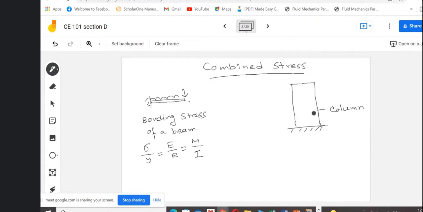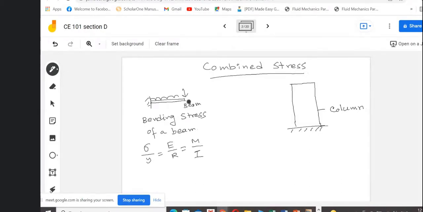We all have seen this sort of column in our houses. So what is the basic difference between this beam and this column? Yes, one thing you can say is that a beam always lies horizontally, whereas a column lies vertically.